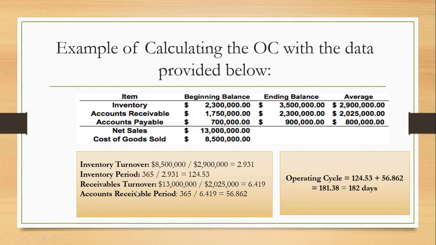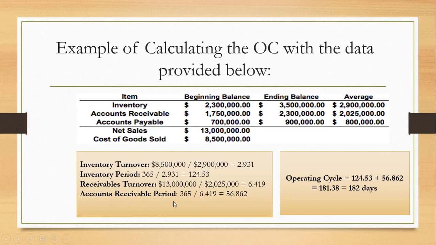Receivable turnover equals credit sale, which means net sale, 13 million, divided by average account receivable, which is here 2,025,000, which equals 6.419.